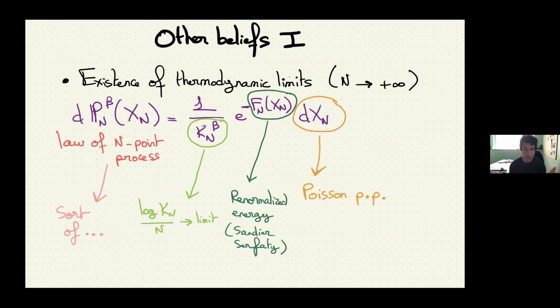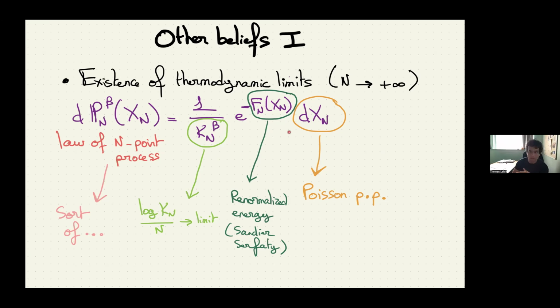There are other things on the way that we are interested in. The first basic question is, I have a finite volume model. Does this have a limit as n goes to infinity? Because as you probably know, phase transitions only really appear in the infinite volume limit. So it would be good to know that you have some kind of infinite volume limit to work with.